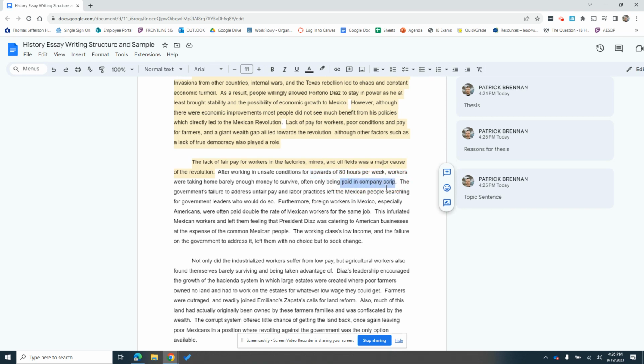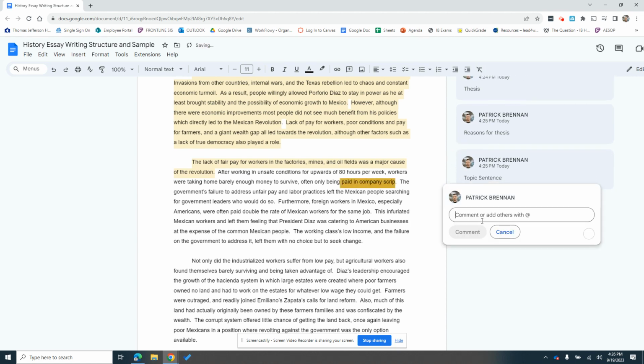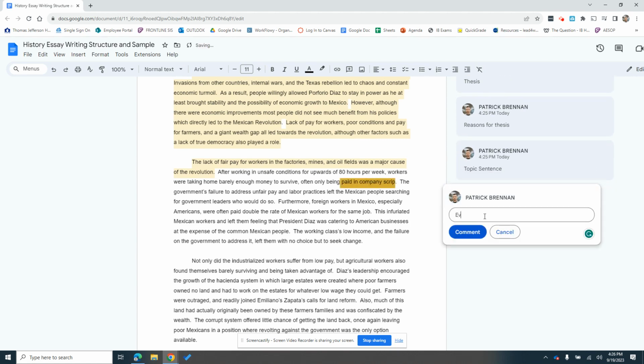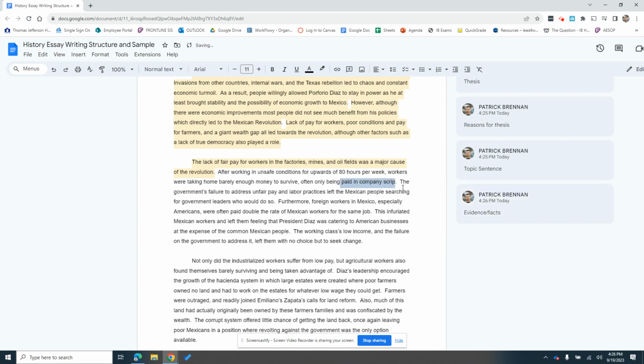They're being given credit at the company store. So these are facts. They're not something that can be debated one way or another. These are just the things that happened. So this is our evidence, facts.